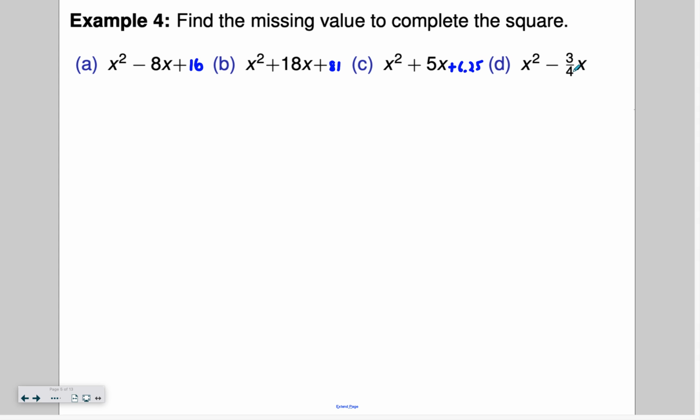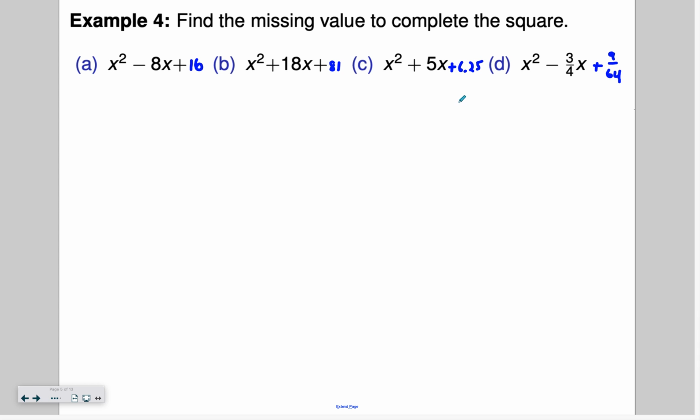Now I'll do it as a fraction as well. So this will be 0.75 divided by 2, squared. Here you'll get a nasty-ish decimal, plus 9 over 64. So we'll just leave it like that. And then here, this would be 5 over 2 squared, which is 25 over 4. 25 over 4 is 6.25.